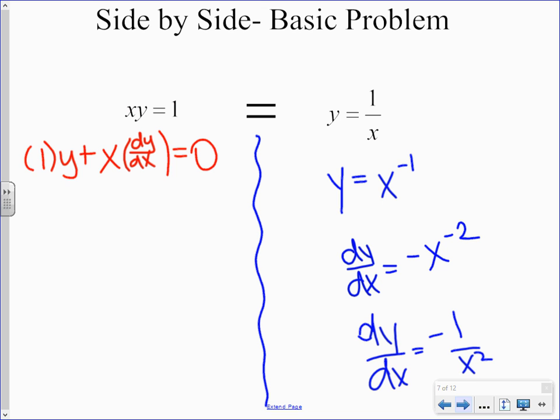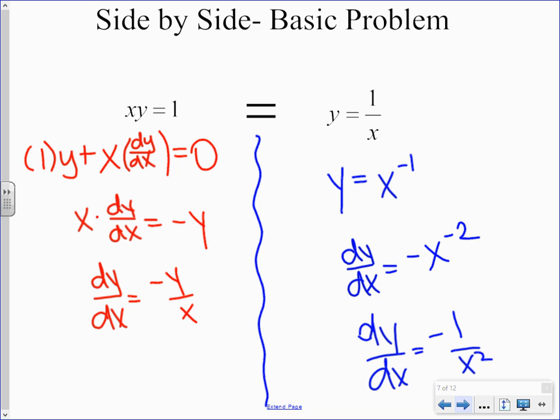So then we could write this as x times dy/dx equals negative y, because we can subtract that y over. Then dy/dx equals negative y over x. Now, do those look the same?